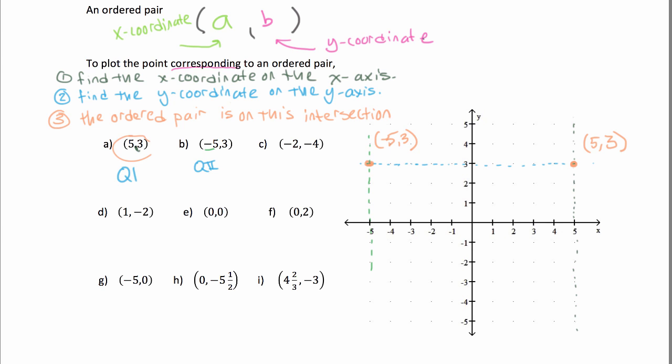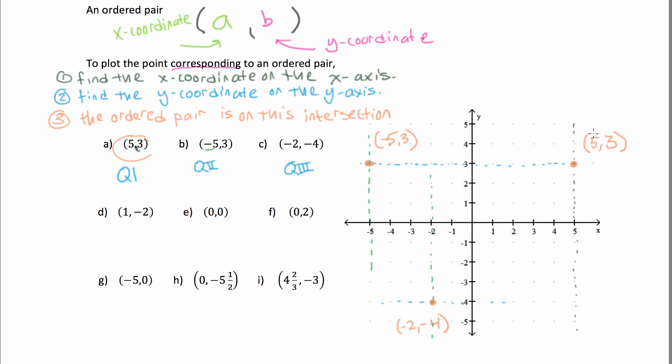Negative 2, negative 4. I'm going to find negative 2 on my x-axis right here, and negative 4 on my y-axis. So my point negative 2, negative 4 is right here. And that is in quadrant 3. And then 1, negative 2.